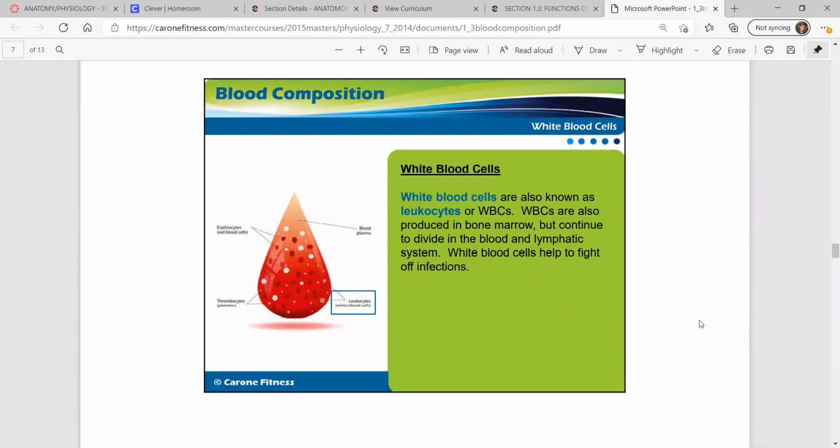White blood cells are also known as leukocytes or white blood cells, WBCs. WBCs are also produced in bone marrow, but continue to divide in the blood and lymphatic system. White blood cells help to fight off infections.